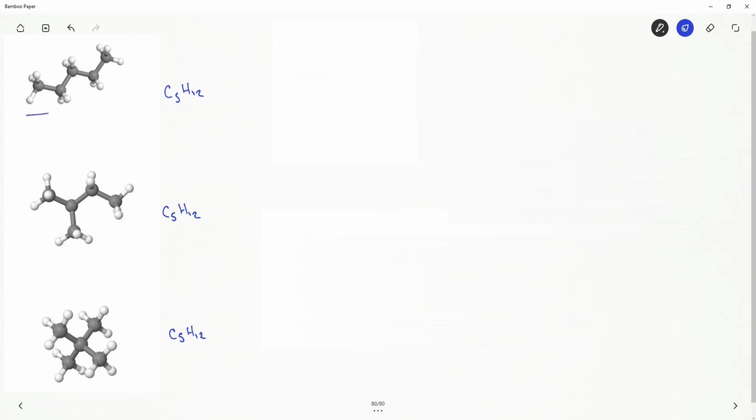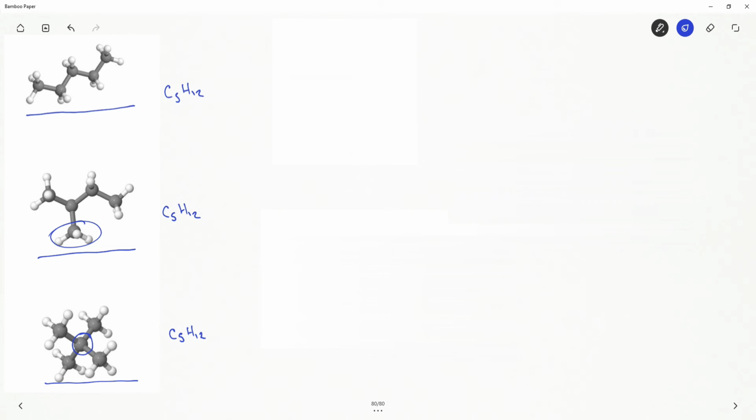So in my top molecule, I have 5 carbon atoms in a row. In my second molecule, you'll notice I put one of these carbon atoms coming off of the chain. And in my last isomer, you can see I have 1 central carbon with the other 4 carbons all bonded to it.